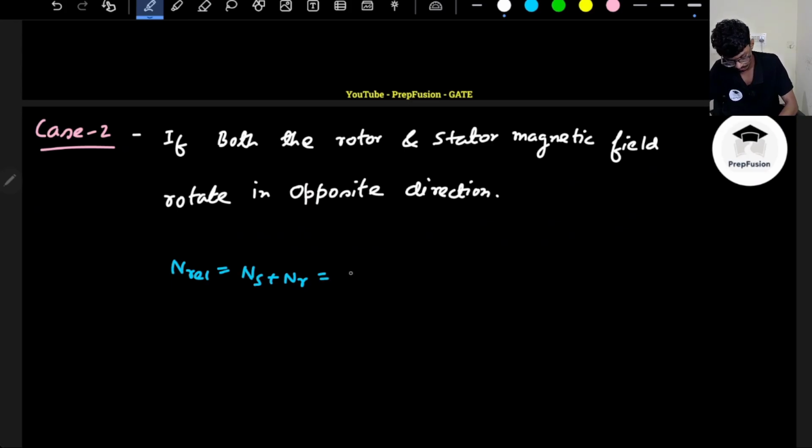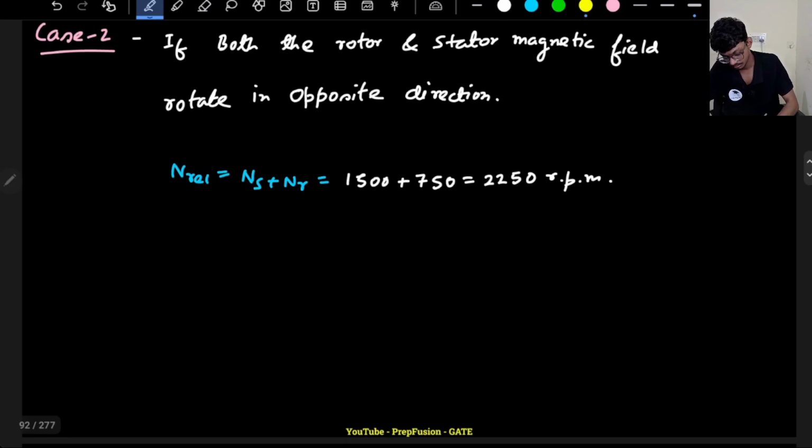So Ns is basically 1500, Nr is 750, and this will be 2250 rpm. So this is what N relative is.